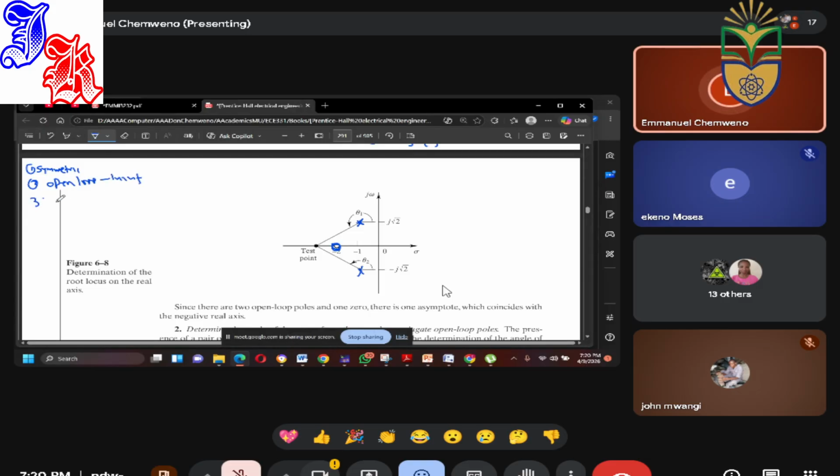Number 3, I don't know what the rule was, but centroid, asymptotes. Number 4, centroid, asymptotes. No, number 3 says that this is part of the locus. This part of the locus.